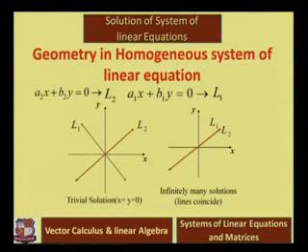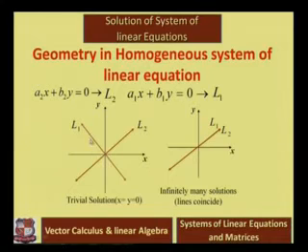And for the geometry behind the homogeneous equation, let the two lines be a1x plus b1y equals 0, and notice that the constant part in the homogeneous case is 0, that is line L1, and consider the second line a2x plus b2y equals 0, that is line L2.